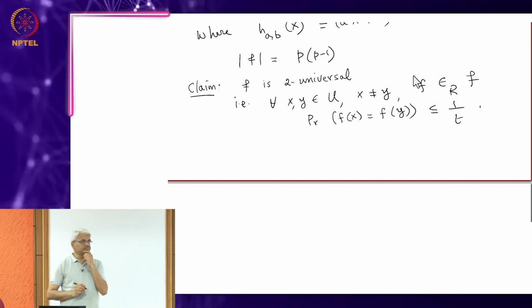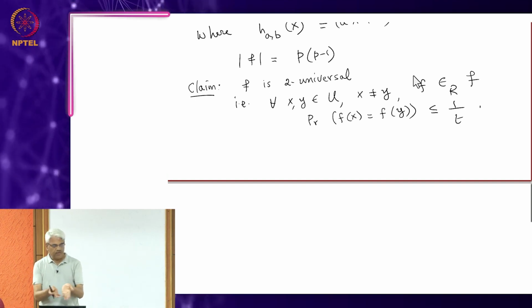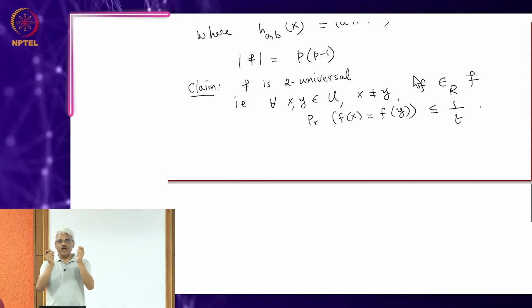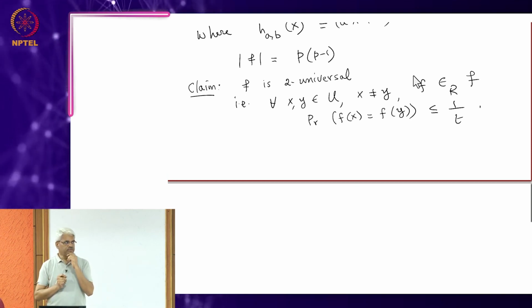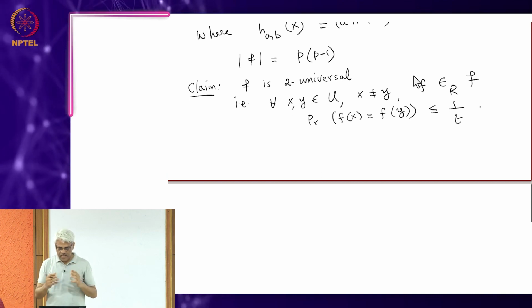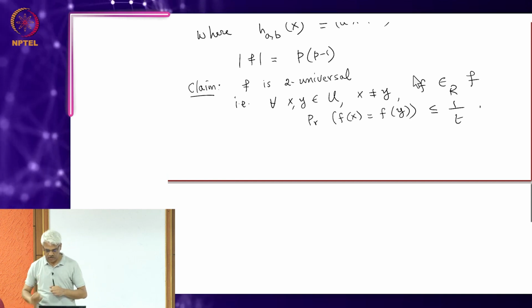That is what I want to show. In other words, the number of functions in this family which will collide a pair of unequal elements is at most 1 over t. Okay. So, it has the power of the family of all functions, but the family size is very small.